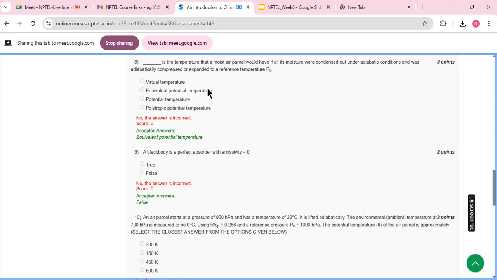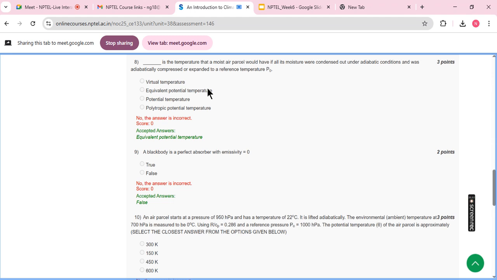Virtual temperature is the temperature that a dry air parcel would attain if it had the same density as that of a moist parcel. Virtual temperature will always be greater than the normal temperature. Potential temperature is the temperature that the air parcel would have if it is adiabatically expanded or compressed to a standard pressure level, which is generally taken as 1000 hPa.